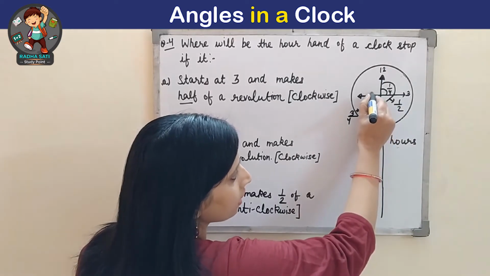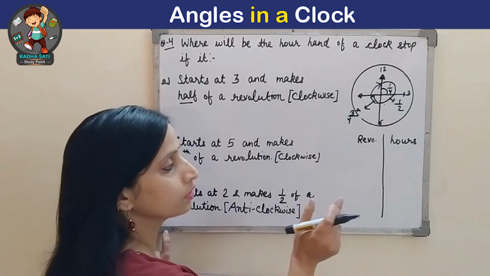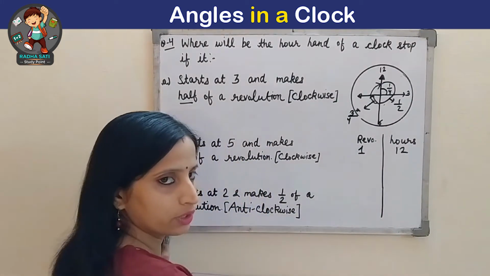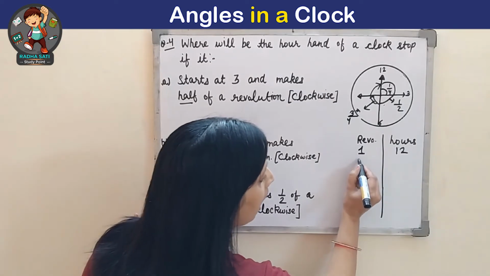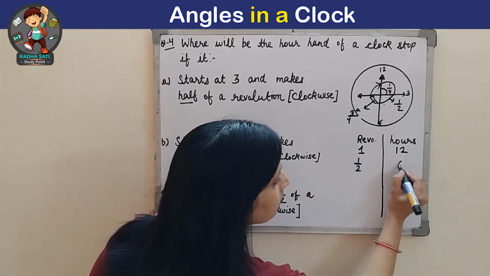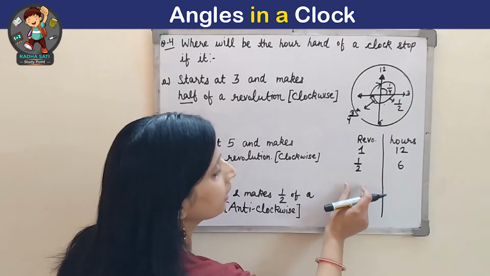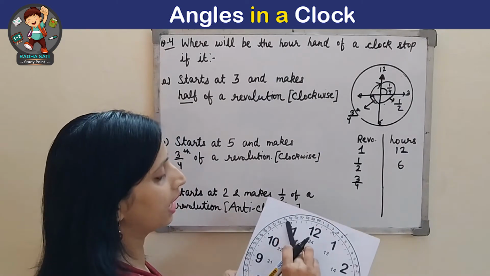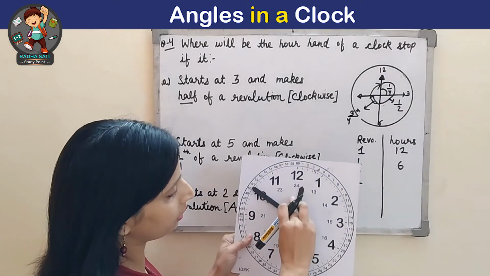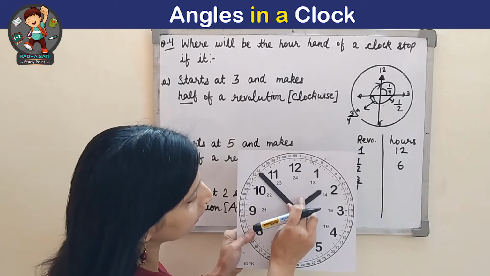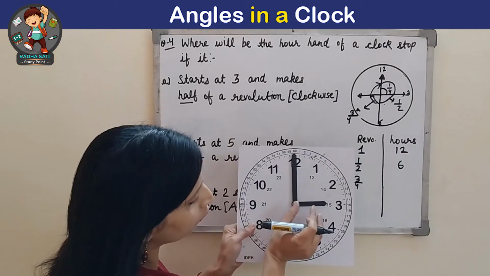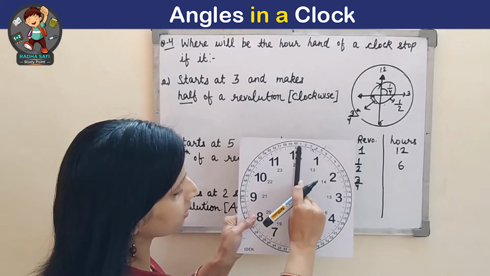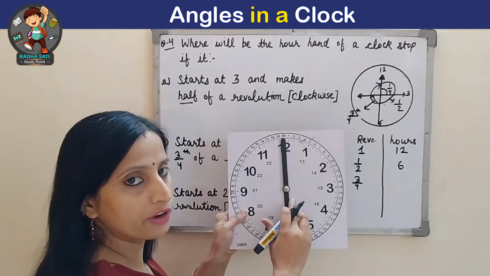And in 12 hours, a complete revolution. So, one complete revolution in 12 hours. Okay. And the hour hand completes half revolution in 6 hours. 3/4 revolution means from 12 to 9. If this hour hand is at 12, then from 12 to 3, it's making only 1/4. Then from 12 to 6, it's half.